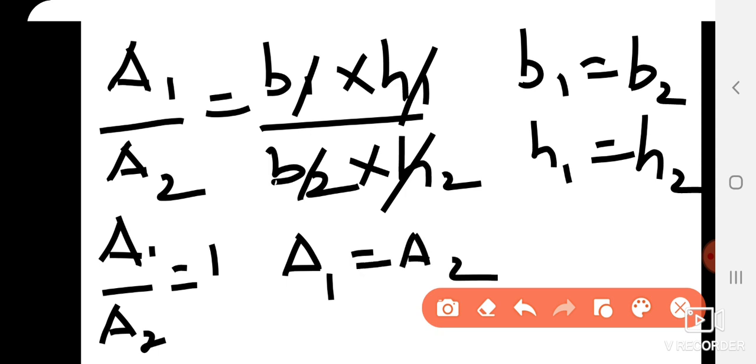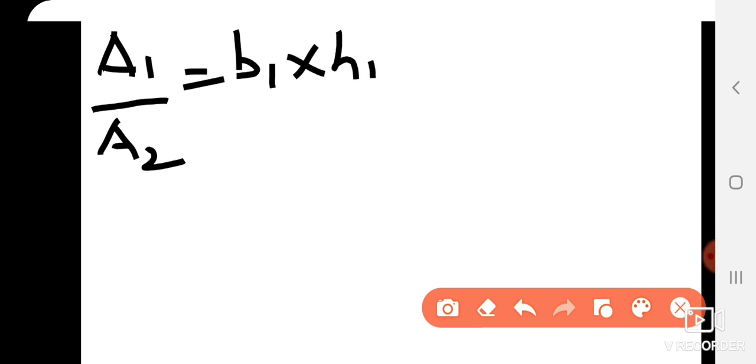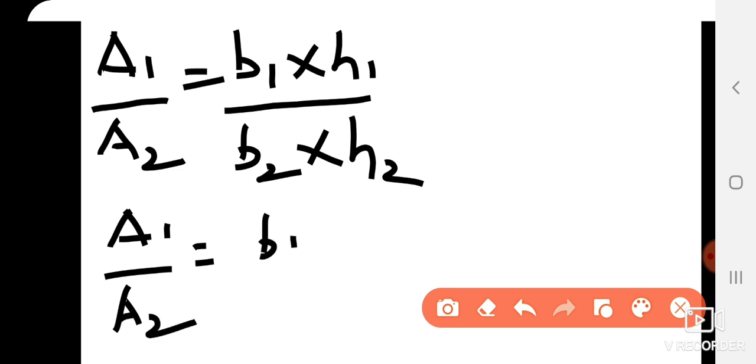So let us revise once again what we have learnt just now. We can say A1 upon A2 is equal to B1 into H1 upon B2 into H2. Then A1 upon A2 is equal to B1 upon B2 if they have a common height.